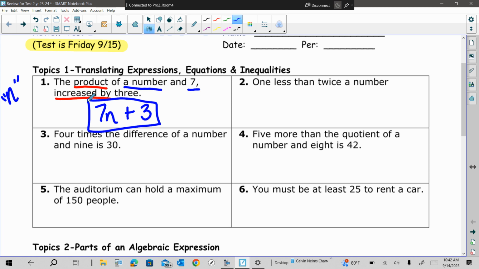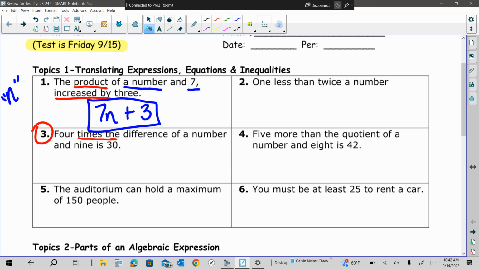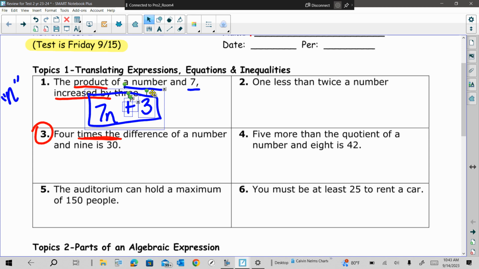Now, I've seen a lot today, and I'm going to circle number 3 because we've had a lot of missteps on the phrase that says times the. It says 4 times the difference of a number and 9 is 30.